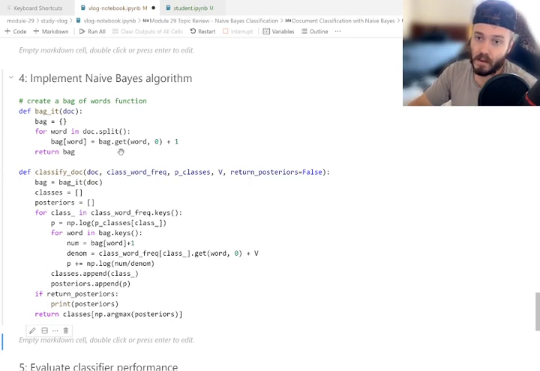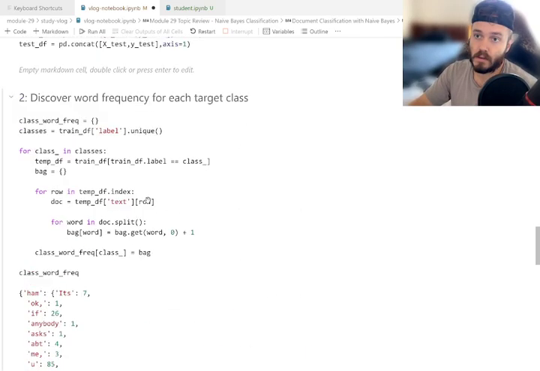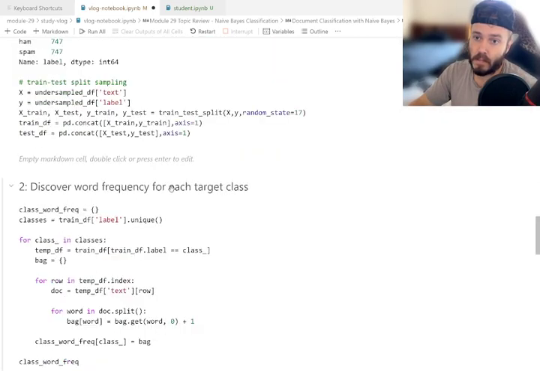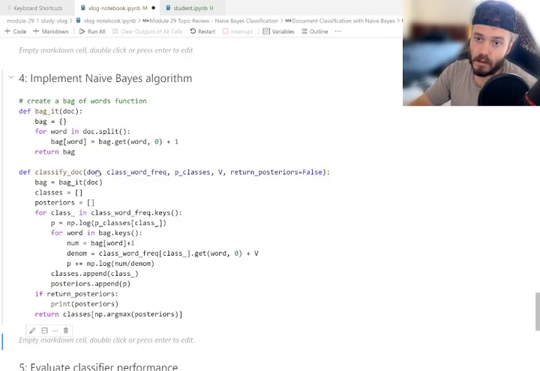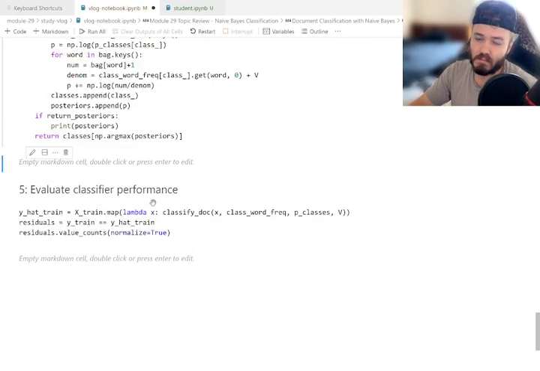It gives you the bag of words for that document, which is the unique words in that document, and then that's called within this classify document function. So this is essentially executing the naive Bayes math, if you will, on this data that we've pre-processed for the purpose of classification.